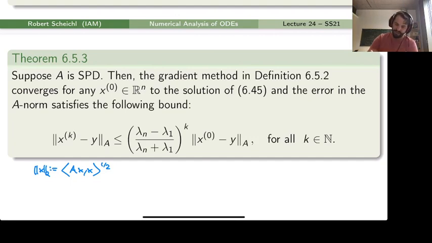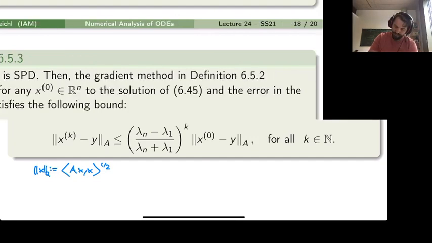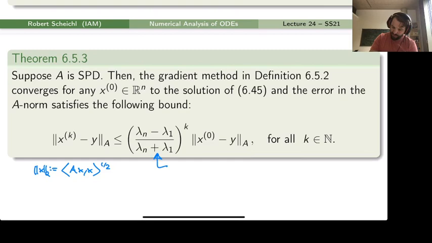So this is the convergence rate. So the convergence rate is determined or is bounded by this ratio of differences and sums of the eigenvalues of A. Okay, so I have done 5 minutes less last time. So strictly speaking, we have another 5 minutes, but I think I'm gonna give you those, and I will give the proof in the next video.